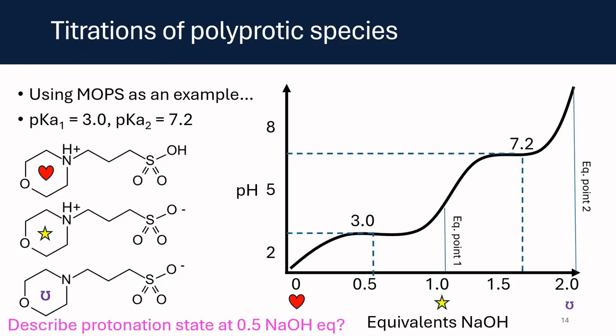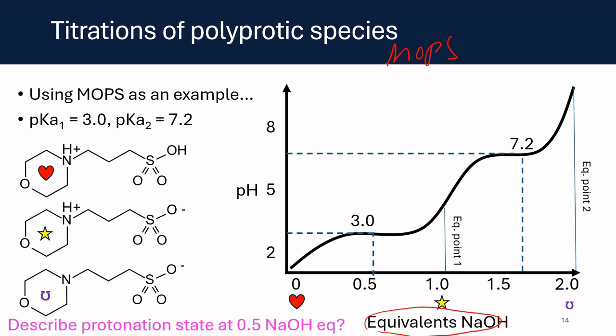Let's go back to our friend MOPS here to use as a concrete example to illustrate how the different species of protonated or deprotonated buffers changes as we do a titration experiment, okay? So what I've done here is show you a titration curve of MOPS, all right?